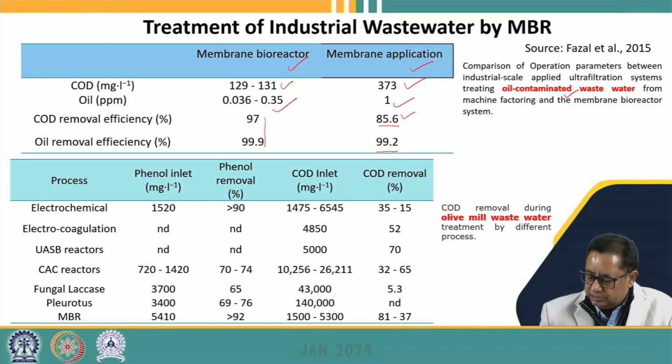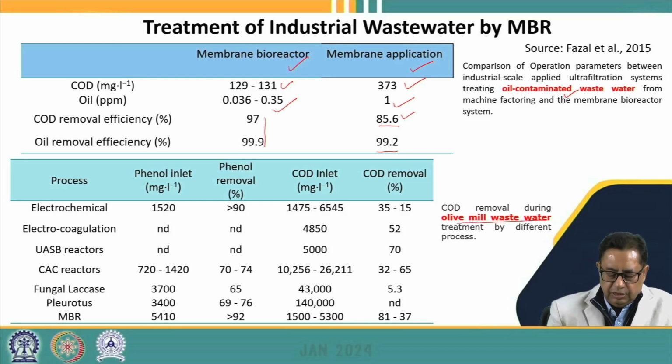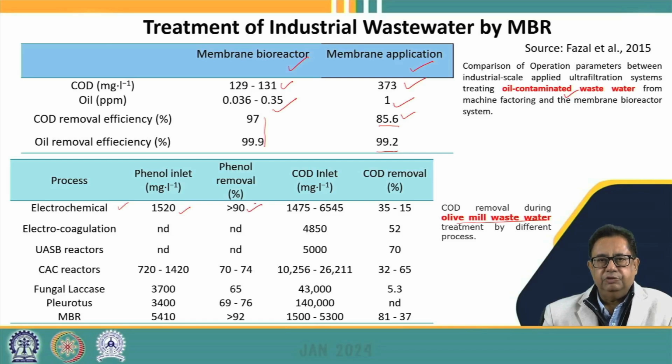Similarly, we can have another example where olive mill wastewater can be treated by using the membrane bioreactor. For example, you can see here that during the electrochemical process, the phenol input is nearly 1520, and the removal of phenol achieved is greater than 90%, and COD removal achieved is nearly 35 to 15%.